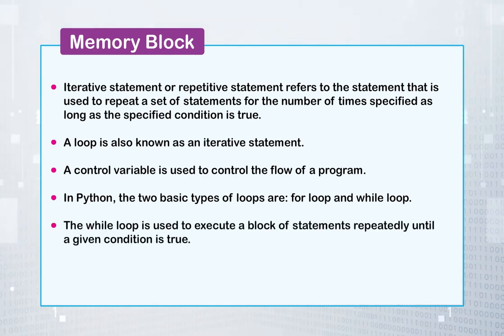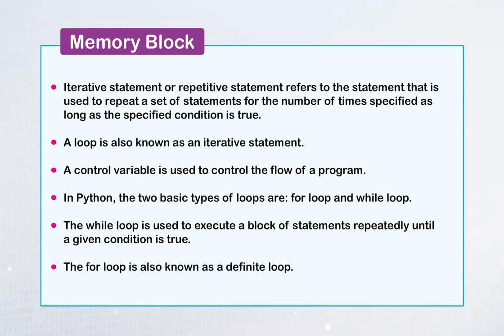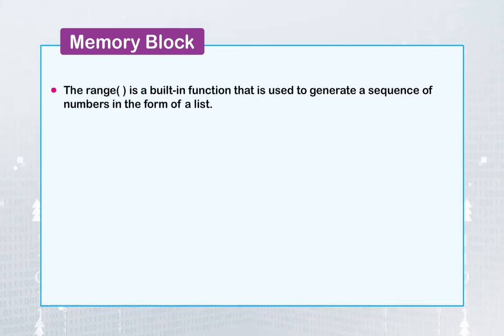The while loop is used to execute a block of statements repeatedly until a given condition is true. The for loop is also known as a definite loop. The range is a built-in function that is used to generate a sequence of numbers in the form of a list.